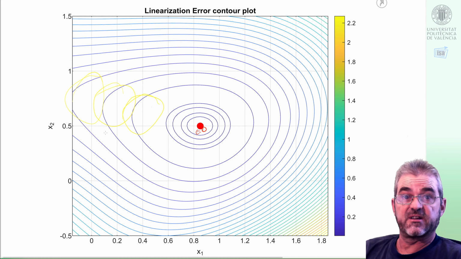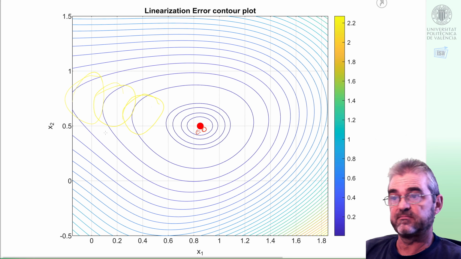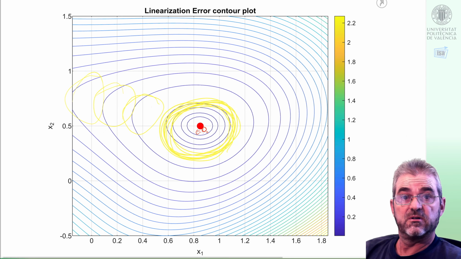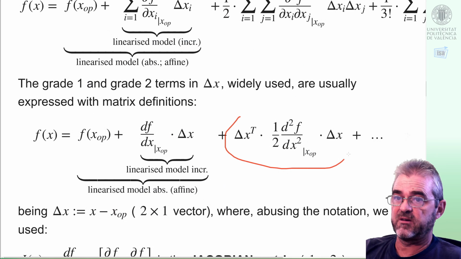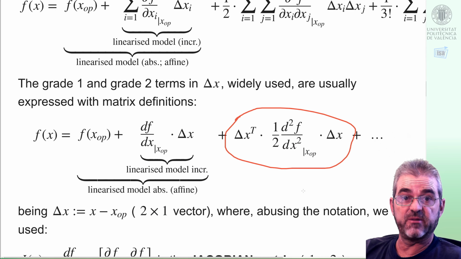Ellipses are quadratic forms, and the deformation of the ellipses is due to the cubic, quartic, or whatever extra terms of the Taylor series, because in fact, if we analyzed what happens close to the operating point, then quadratic terms will be dominant, and this will be the most important term in the linearization error, i.e. the Hessian plays a key role.